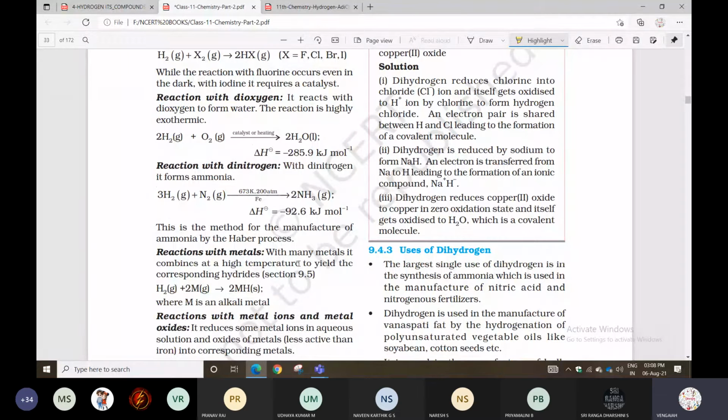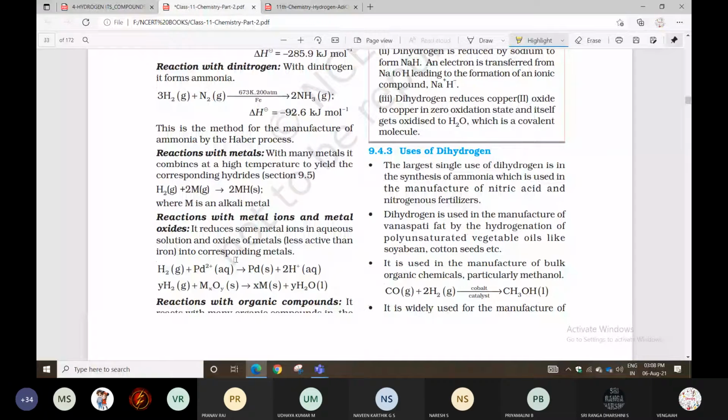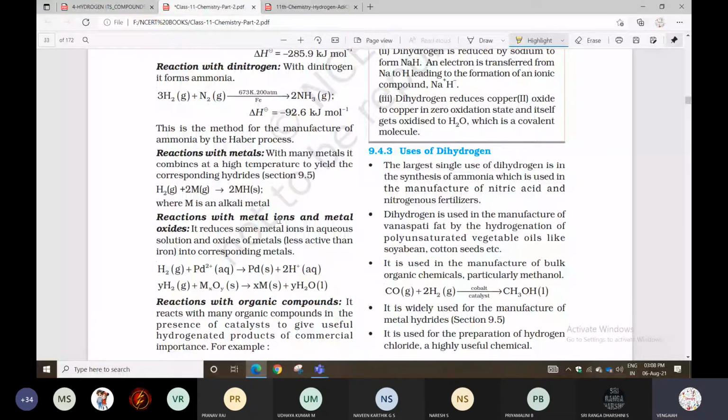So here hydrogen reacts with metal ions in aqueous medium, and with oxides of metals less reactive than iron, to form the corresponding metals.